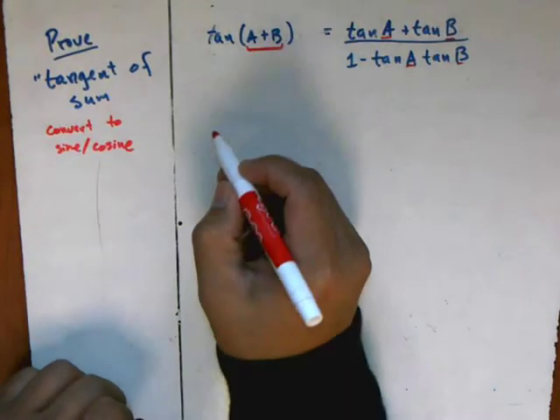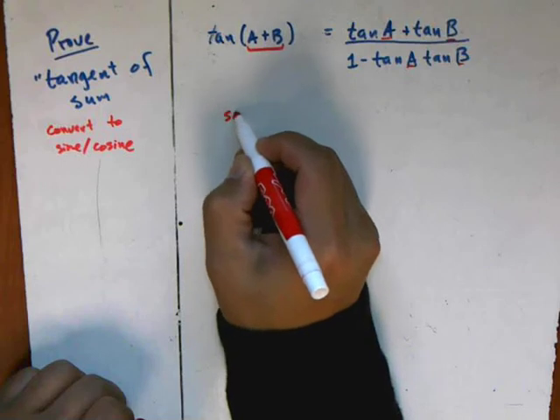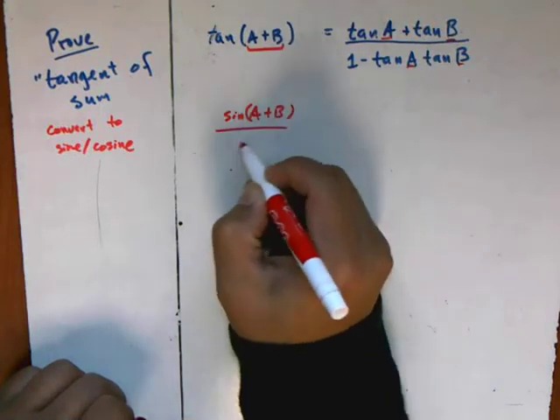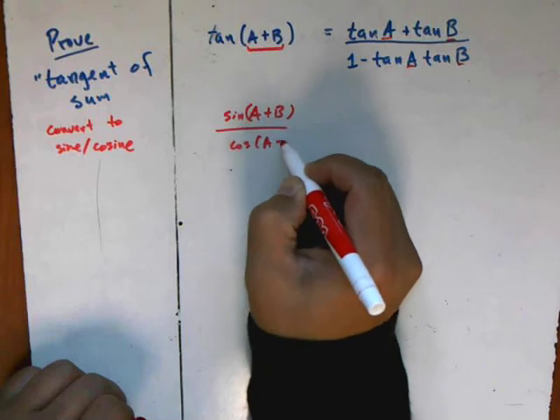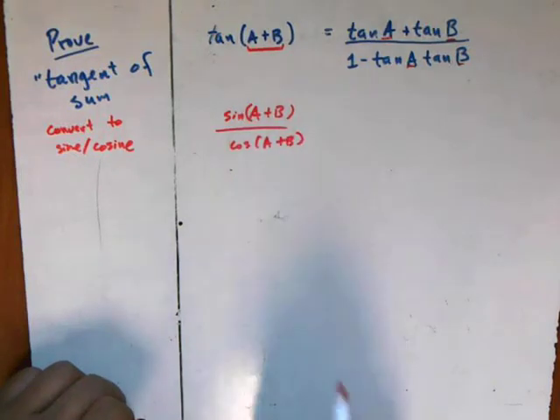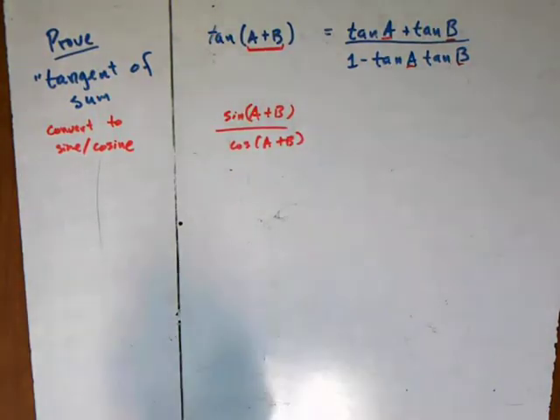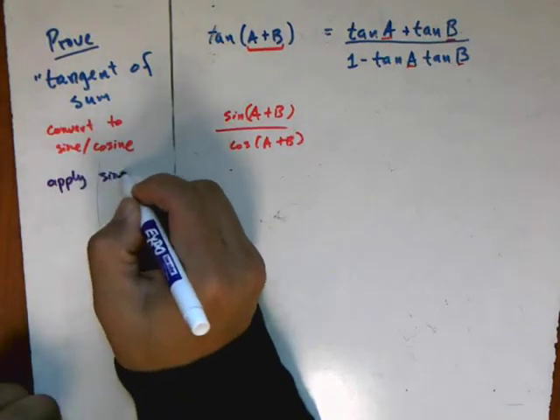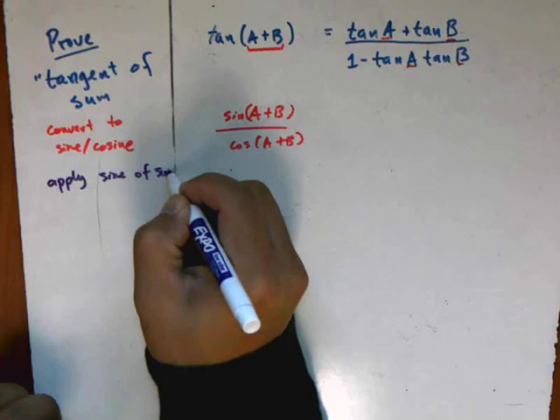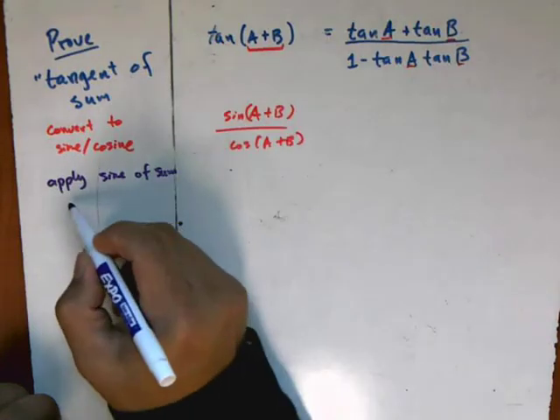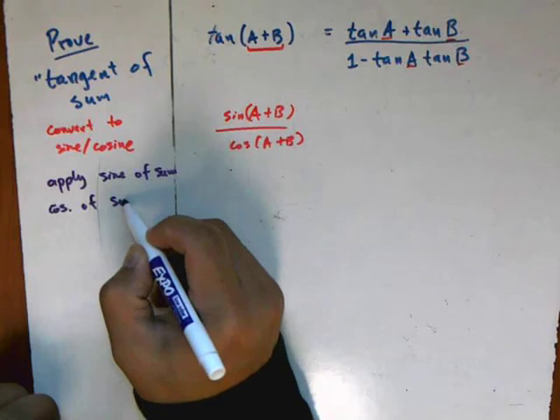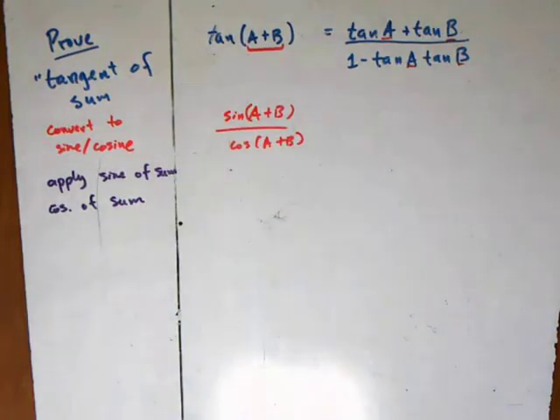So this is going to become sine of A plus B over cosine of A plus B. And then I'm going to apply sine of a sum on the numerator, and cosine of a sum on the denominator.